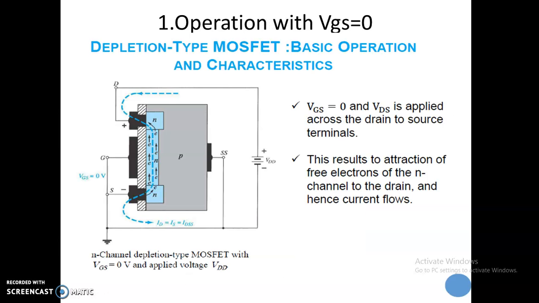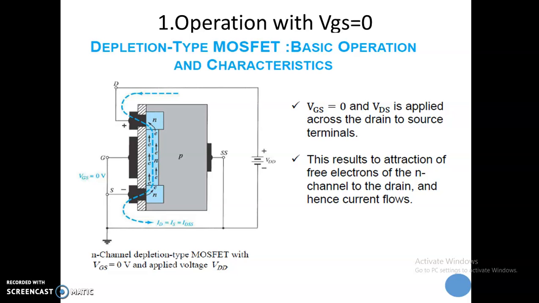Now, in detail, I will explain the first type of MOSFET, that is the depletion type MOSFET. Why depletion MOSFET? A depletion type MOSFET is a normally on MOSFET. That means it conducts when no gate voltage is applied.